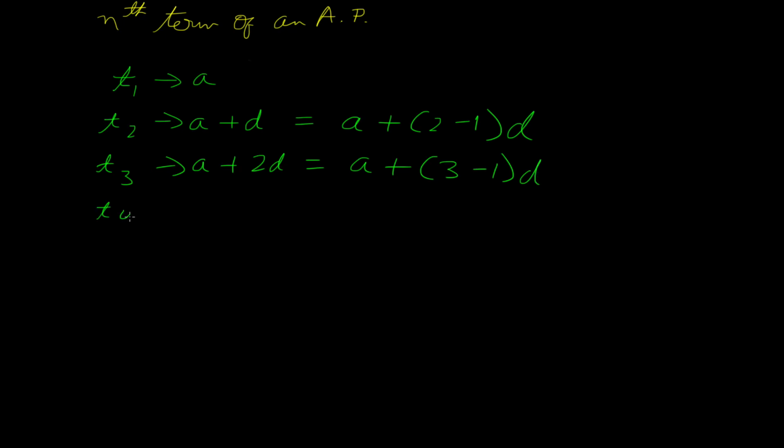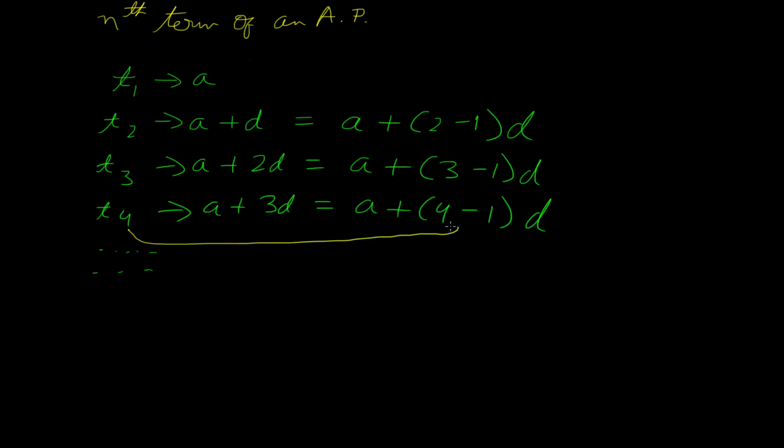The fourth term is a plus 3d, which is equal to a plus (4 minus 1) d, and so on. So have a look at the connection between the fourth term and 4 minus 1, the third term and 3 minus 1, the second term and 2 minus 1.